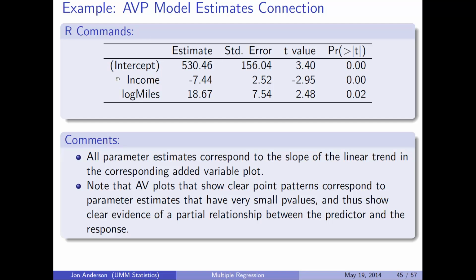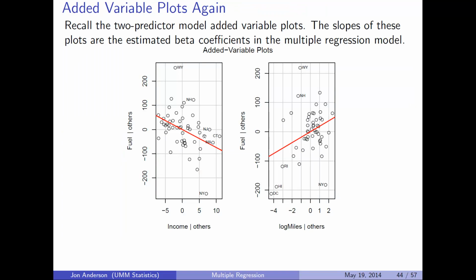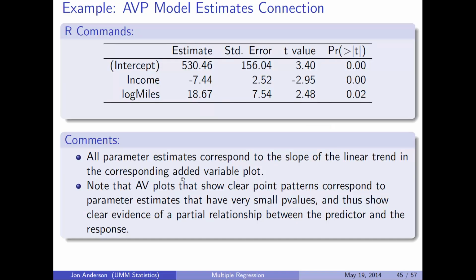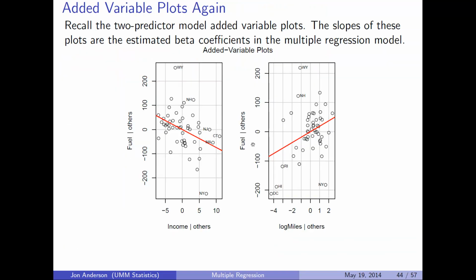And the thing you need to know about added variable plots is that this negative 7.44 slope for income is actually the slope of this red line in the added variable plot for income. The 18.67 for log miles is the slope of this positive red line in the log miles added variable plot.